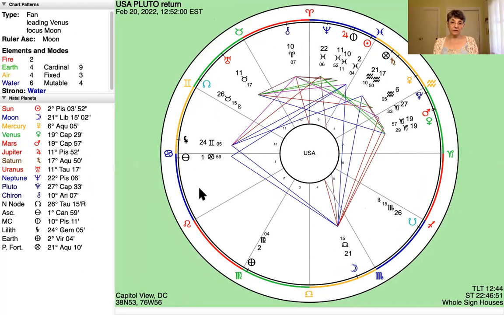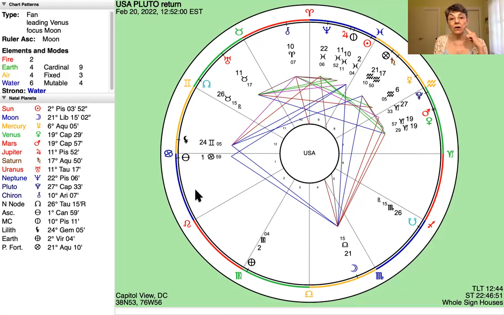As you can see, the ascendant is in Cancer. The USA natal chart has the sun, and I will show you later, several planets in Cancer, so it is a strongly Cancer country.